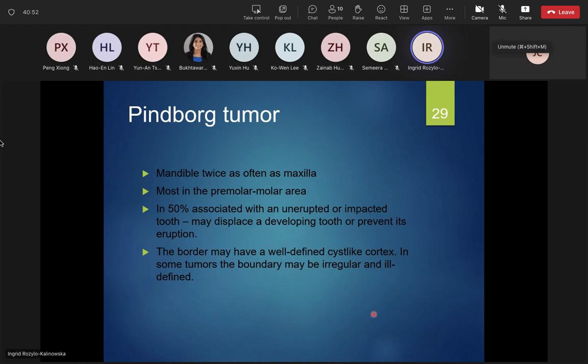It's more common in the mandible than in the maxilla, most commonly in the premolar, molar region of the mandible. Half of the tumors can be associated with an unerupted or impacted tooth, so they may displace a developing tooth and prevent its eruption.